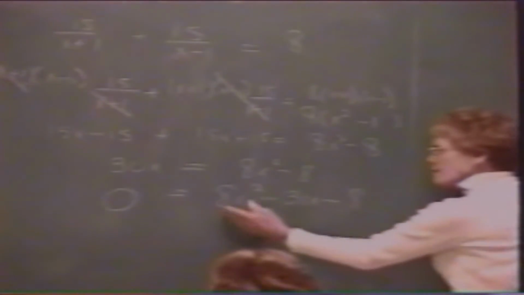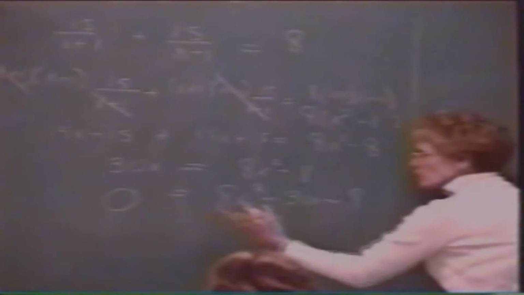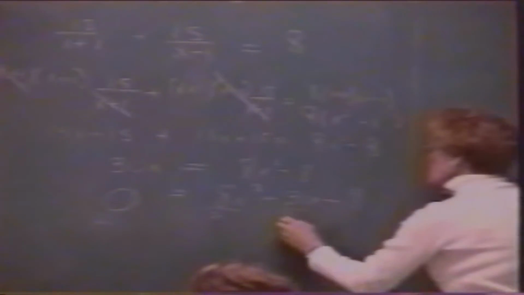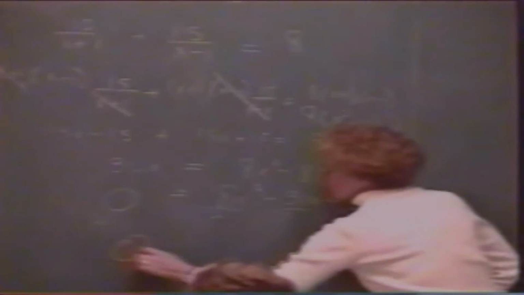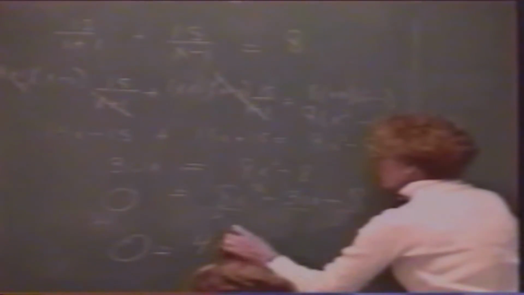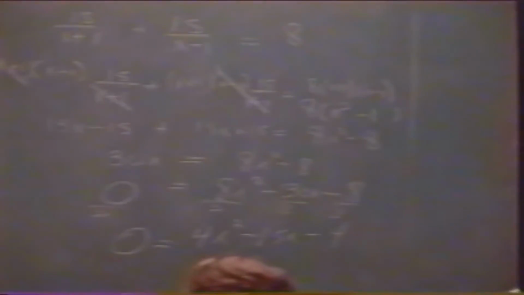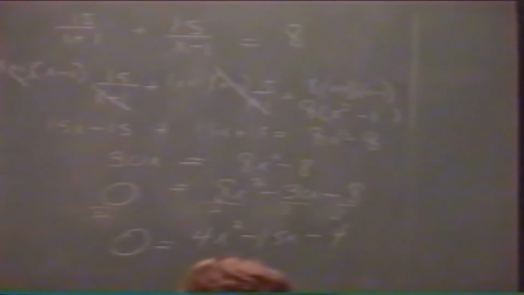And can I make my numbers smaller here so it would be easier to try to factor it? What could I do? Divide everything by 2. So I'd have 0 equals 4x squared minus 15x minus 4.